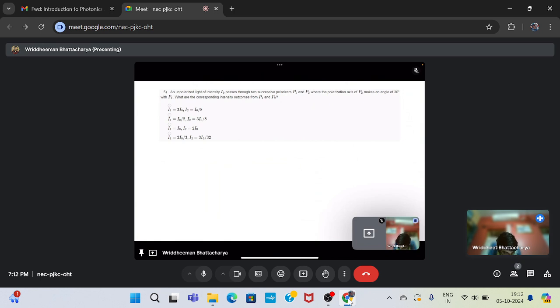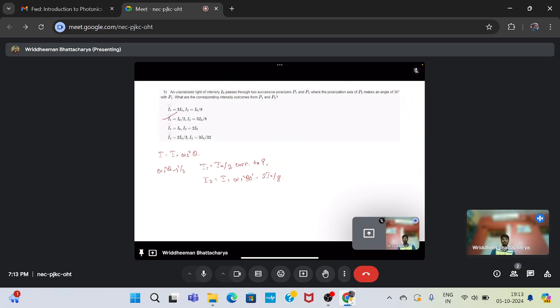According to Malus law, I equals I0 cos²θ. The average value of cos²θ is half, so I1 equals I0/2 corresponding to P1, and I2 is I1 cos² 30 degrees, which is 3I0/8.